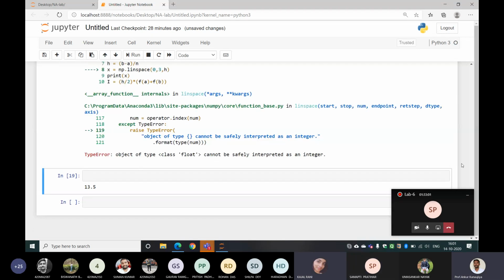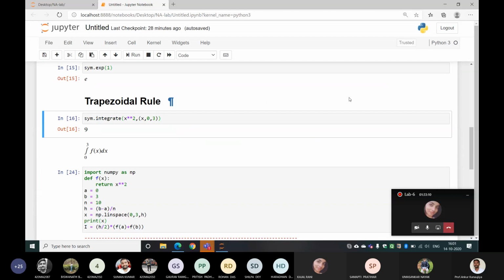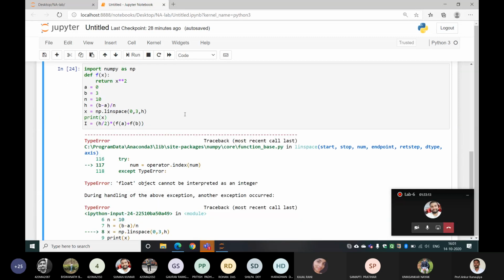Sir, 0, 3, and n we should write. One minute, it is giving me some error. So 0, 3, n, meaning the number of intervals.